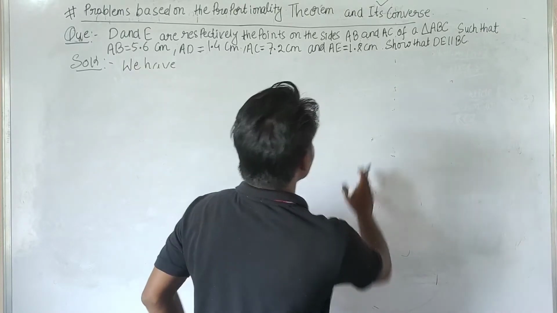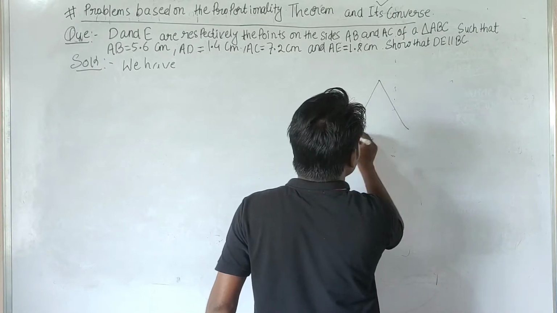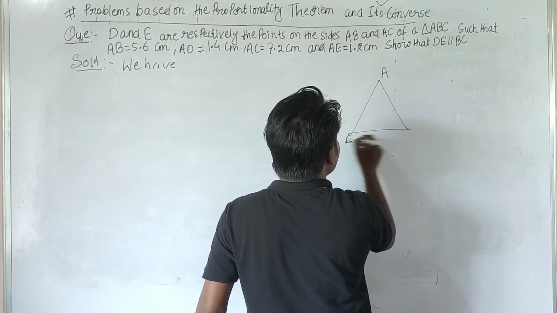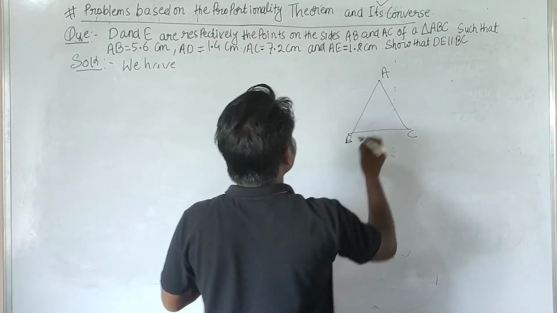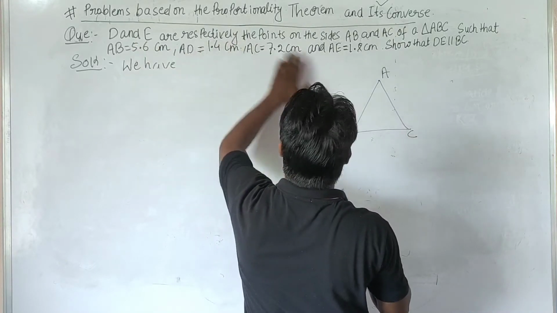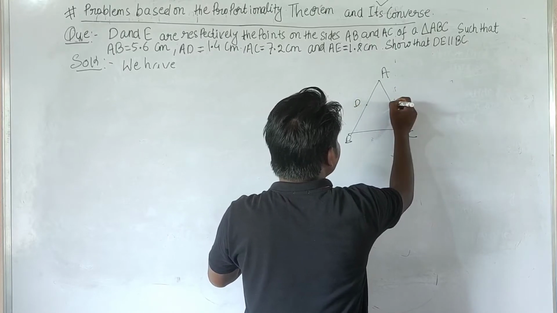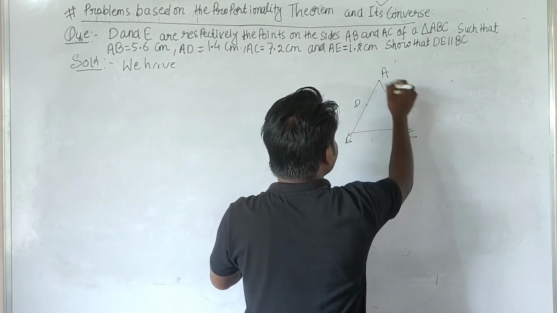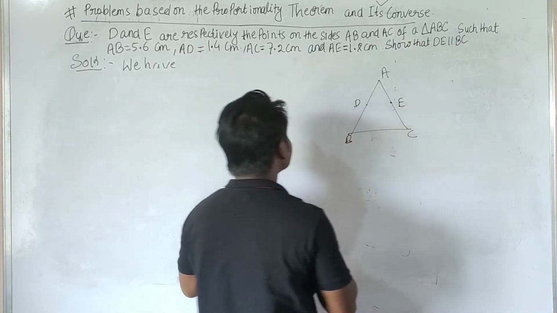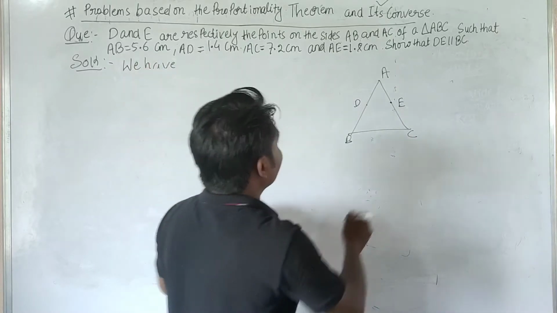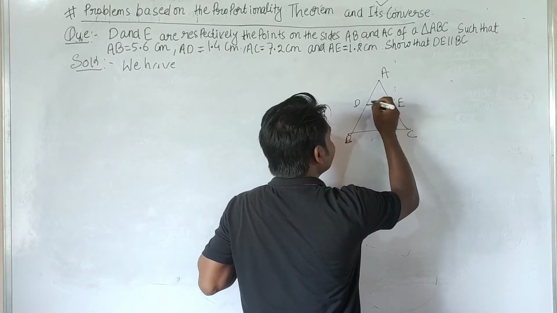Basically, according to the question, we have a triangle ABC, and D and E are respectively points on the sides AB and AC. Suppose I join DE.